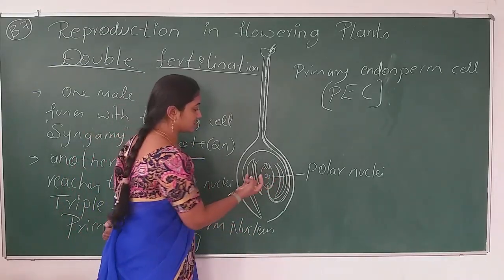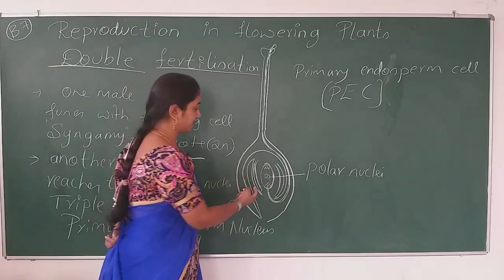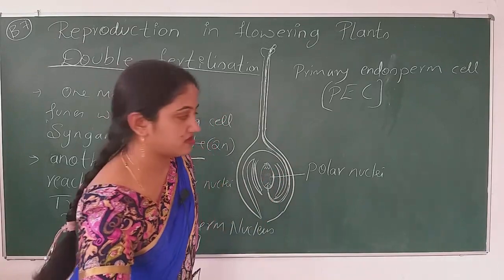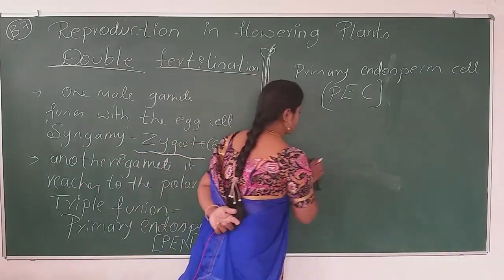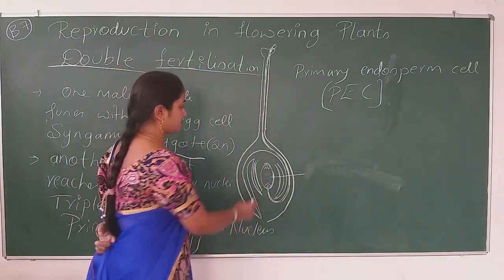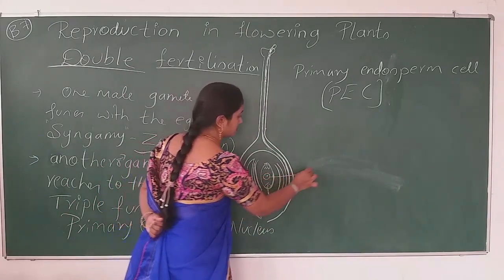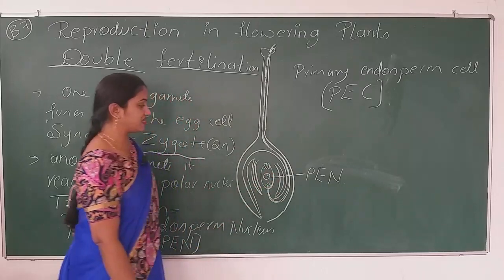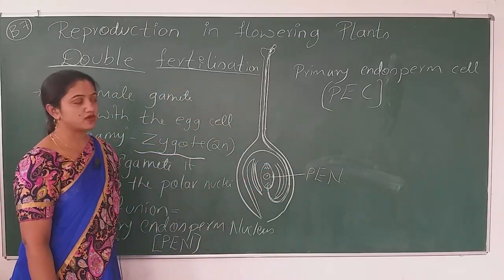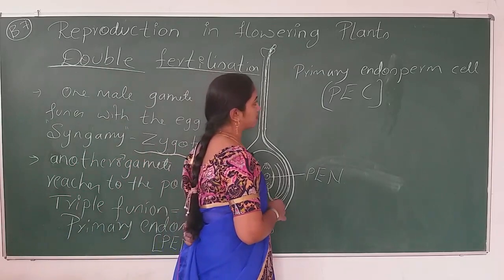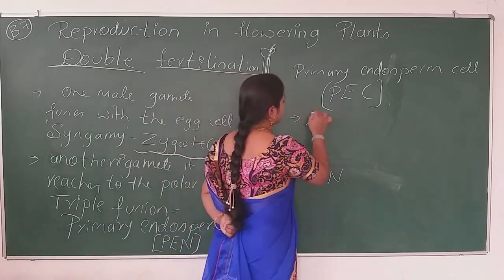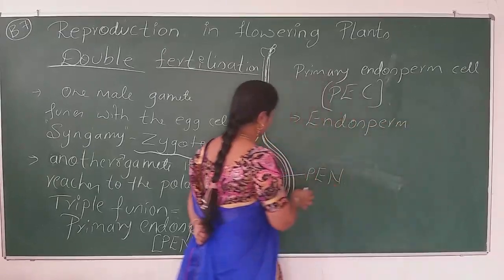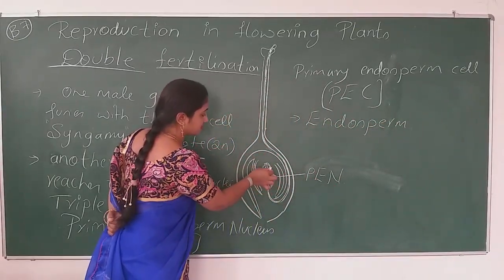This is the nucleus which combined with the male gamete. Let me label that. This is not the polar nuclei now; this is the PEN. The cell having PEN is the primary endosperm cell. That primary endosperm nucleus develops into the endosperm.